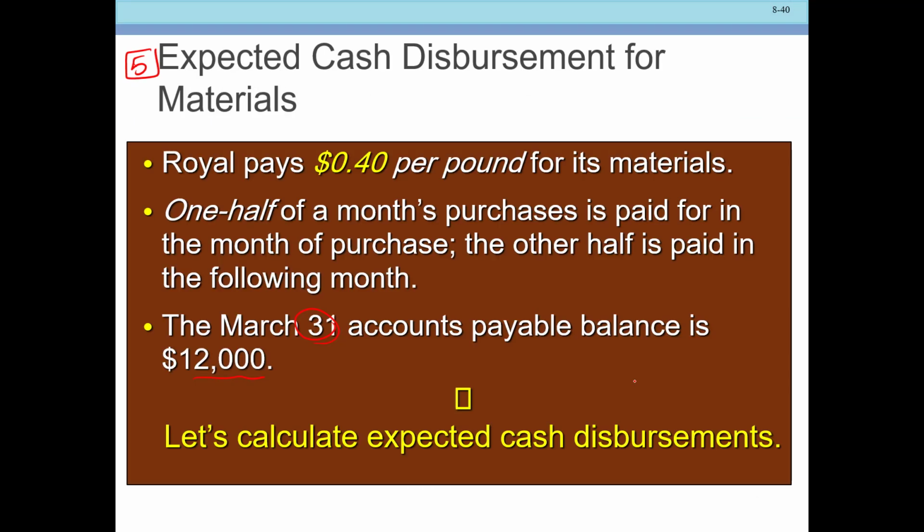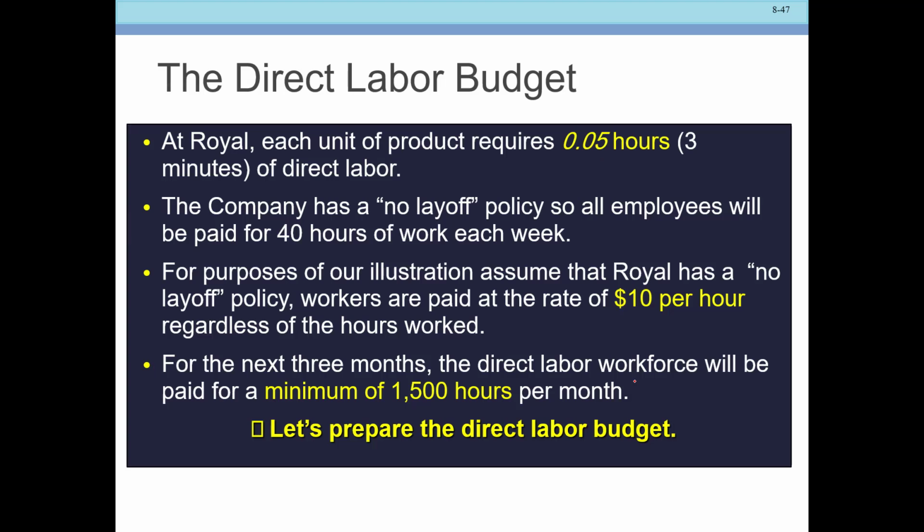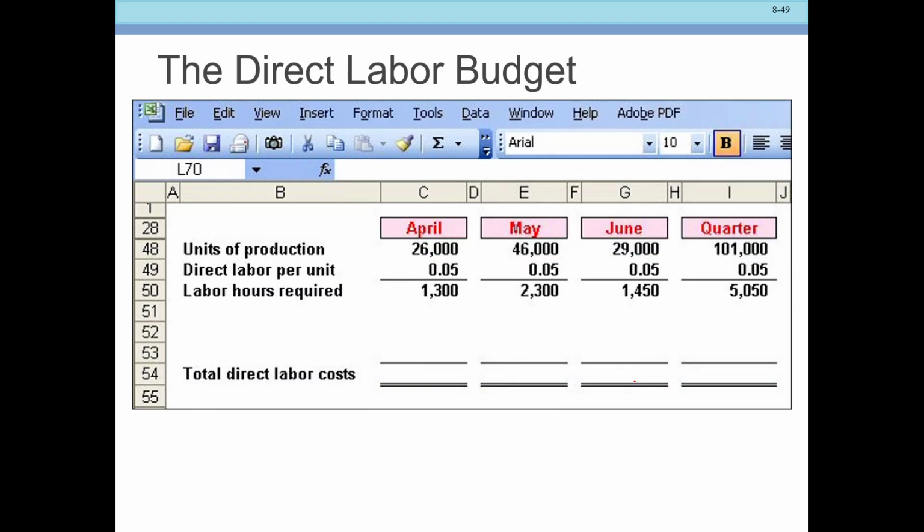From here, we are going to start to calculate how much labor we need. He is telling me that we need 0.05 hours for each unit. So in order to produce the 26,000 units, I will multiply it by 0.05, which is the direct labor per unit, equal the total labor hours required.